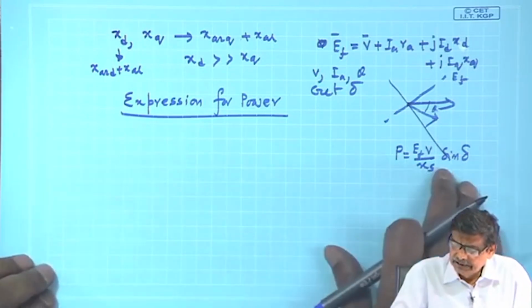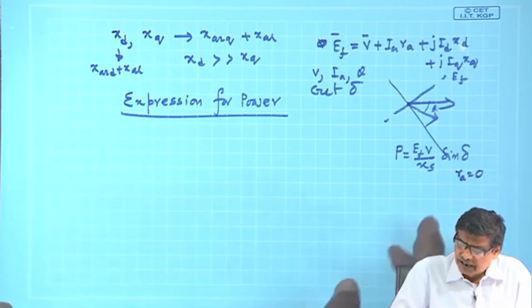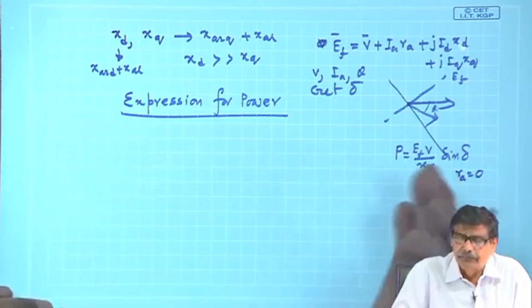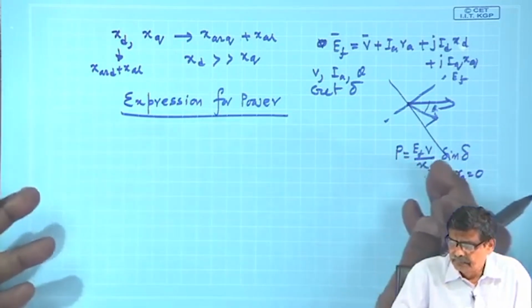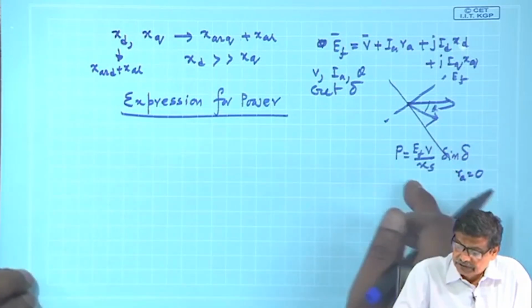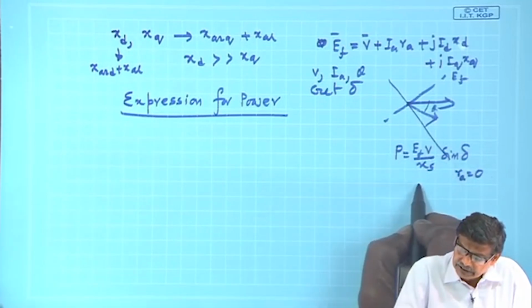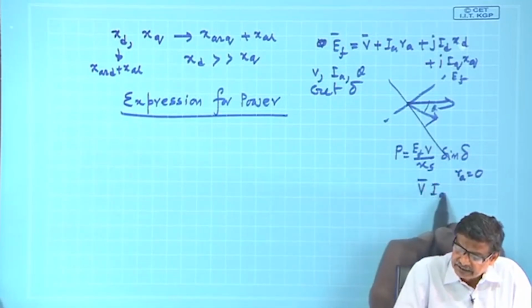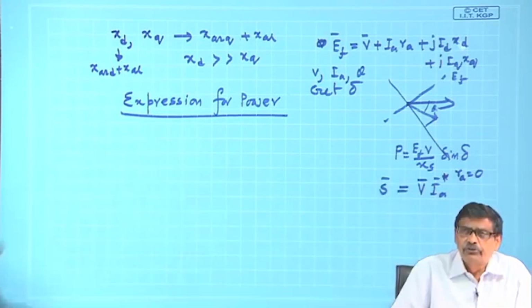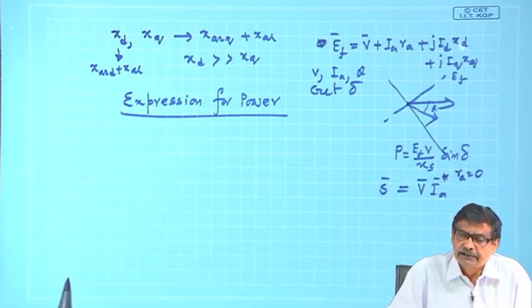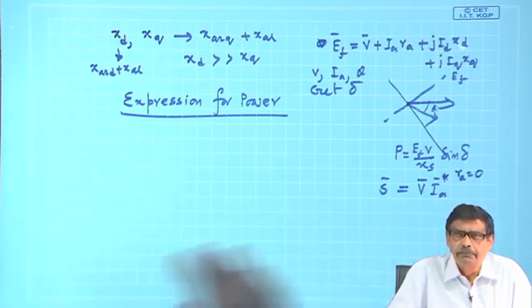In this expression, recall RA was assumed to be 0, and of course I could take RA into account, and another term will come. We started with the fact that V IA star, and in one stroke we can obtain the expression for both real power in kilowatts and the reactive power the machine is handling.